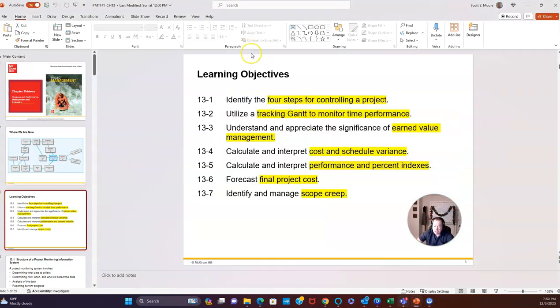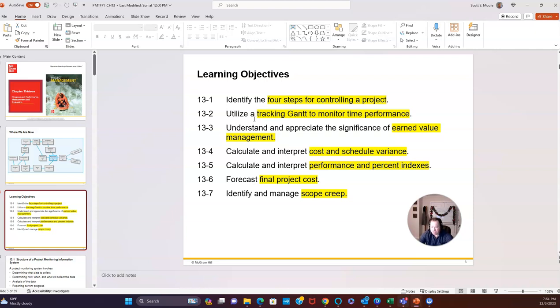The overall objective is we're going to take a look at the 4 steps for controlling a project. We're going to leverage the Gantt chart as a tool to monitor time performance, or scheduling, and cost performance.